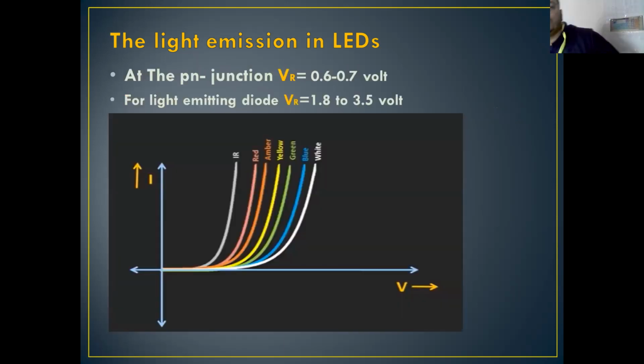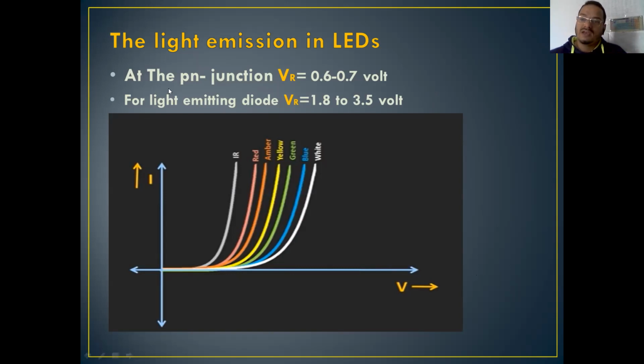Now let's go to a different idea, some different details between the normal p-n junction VR and the VR of the light emitting diode. Like we're seeing here, we have a bigger range than the p-n junction in this diagram.